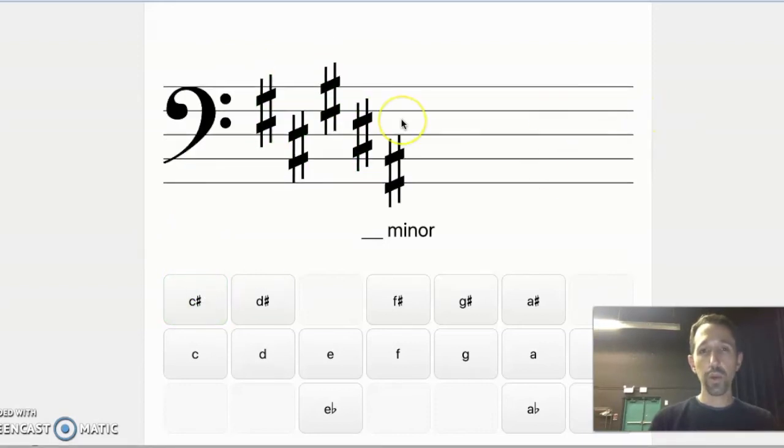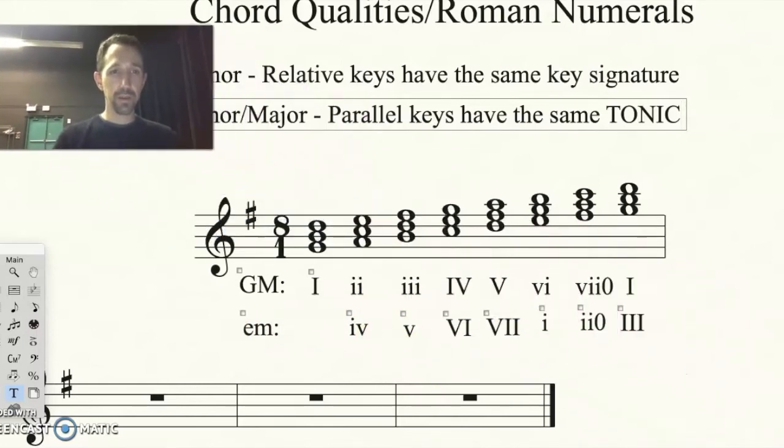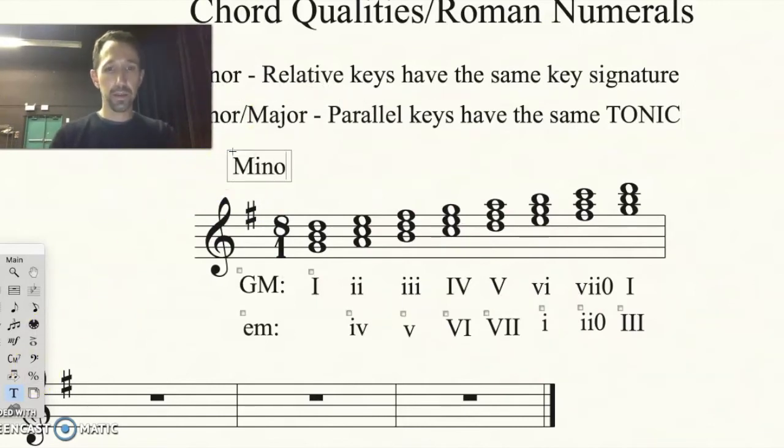Okay, going back to this screen, I just want to point something out. We have this sequence, which is a little bit out of order right now, so I'm actually just going to type it up here as a reference. In a minor key, the Roman numerals are as follows. This is exactly what's below. I'm just doing it in order now.